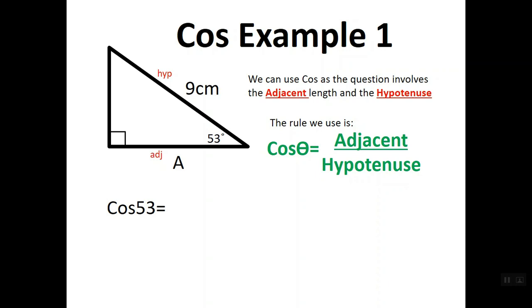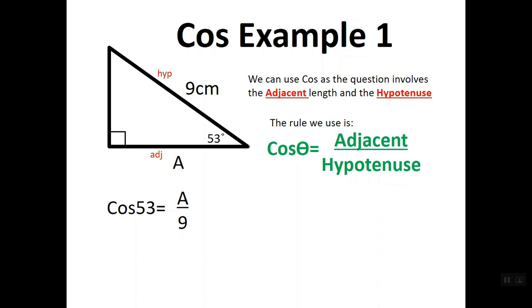We have cos 53 degrees. Again, that theta represents your angle. So that's cos 53 degrees equals A, which is my adjacent. I don't know it, so I just write A, over 9, which represents my hypotenuse.